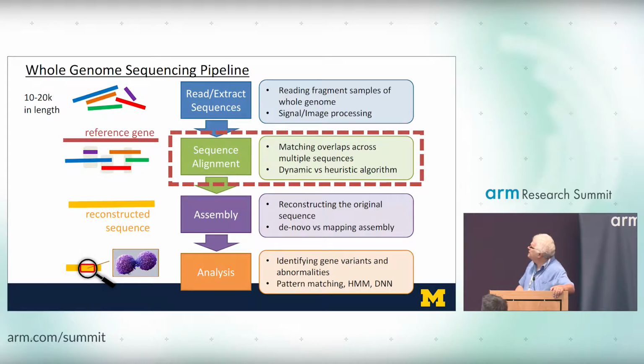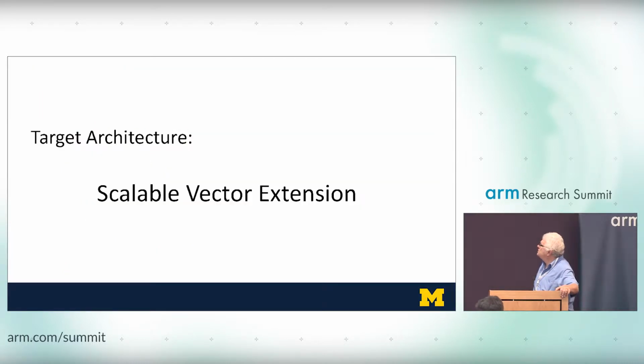If you look at these steps, you've got extraction, sequence alignment, assembly, and analysis, which comes later. That's when you decide what the gene says, what's different, what's wrong, what's right, and so on. The sequence alignment is the part that computationally takes the time. It's just the matching of those two sequences of 4 letters, to put it in very simple terms.